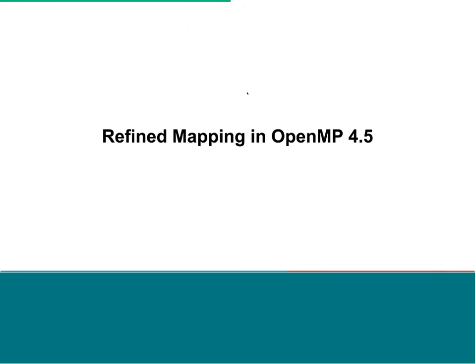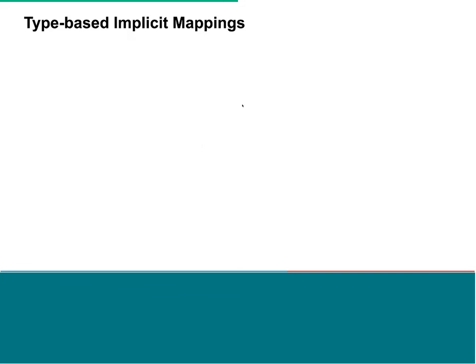But the reason I went through some of these cases is the mapping in 4.5 can seem a little bit daunting, but it solves all of the problems that we just talked about from 4.0. And this is why many of the compilers are directly targeting 4.5 now, rather than going for 4 first.